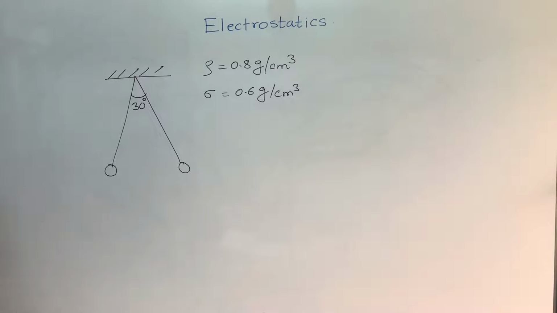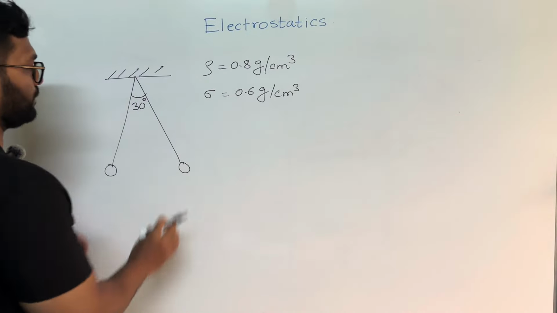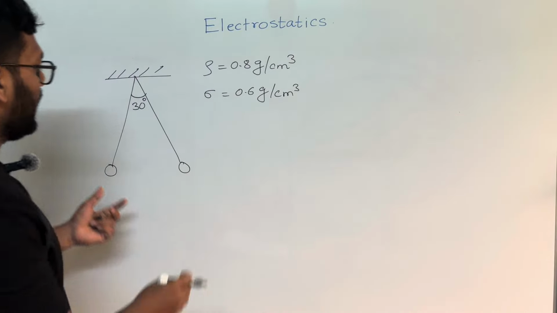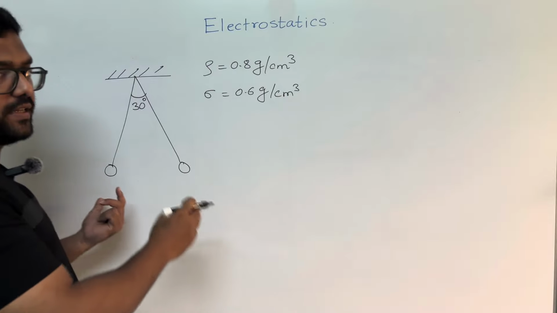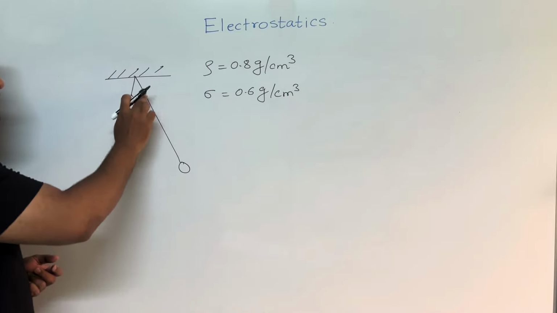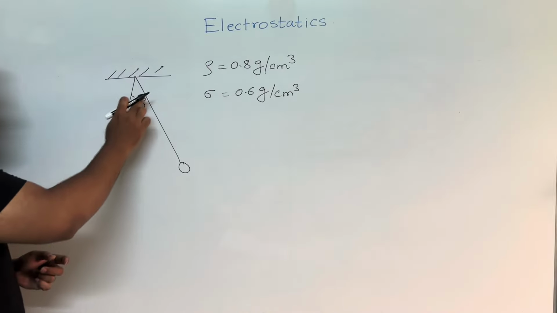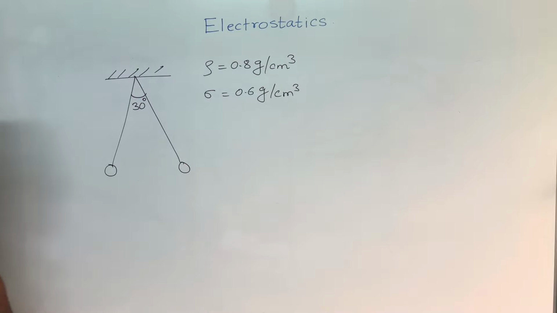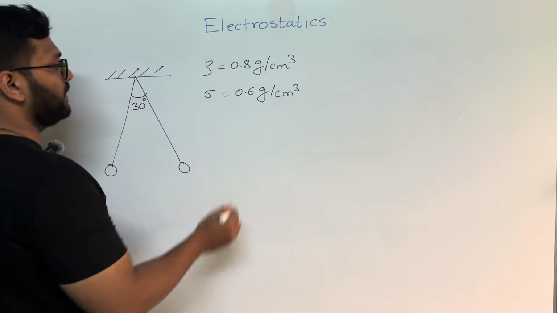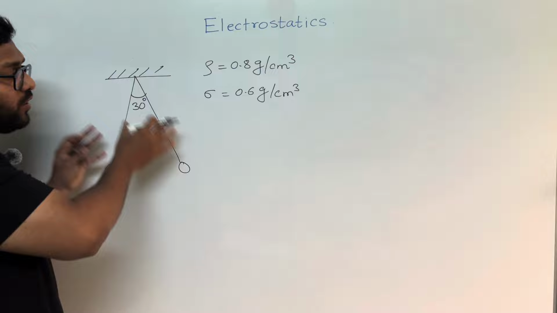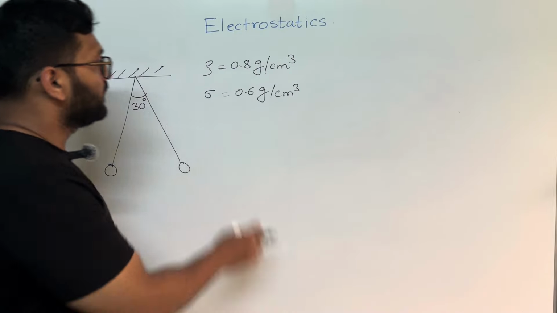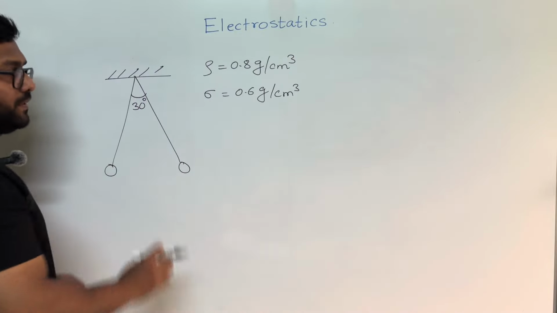Okay, let's look at this question. There are two spheres which are charged, of course, and they are repelling each other because of the electrostatic force, and these two strings are making an angle of 30 degrees at the center. Rho is the density of the liquid in which this whole apparatus is going to be placed. Sigma is the density of these two spheres.